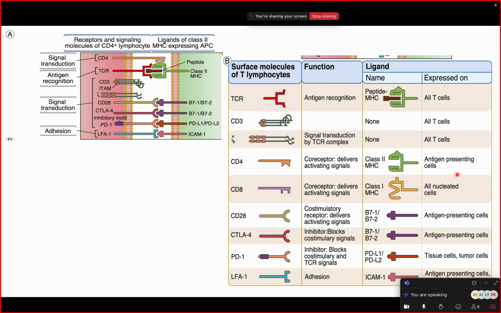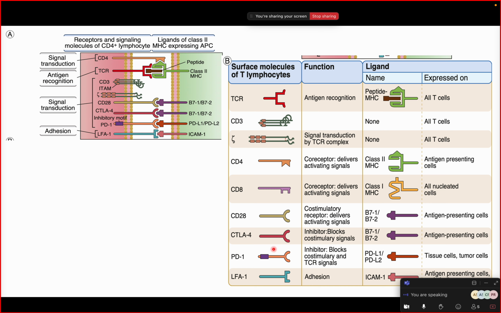CD4, their ligand is expressed on antigen presenting cells. CD8 positive, again their ligand is present on all the nucleated cells, and they are MHC1 molecules. CD28, same thing, their corresponding receptor will be on the antigen presenting cell.